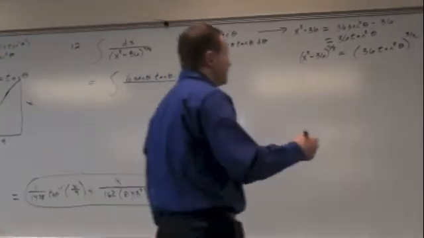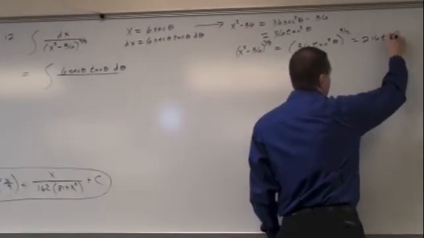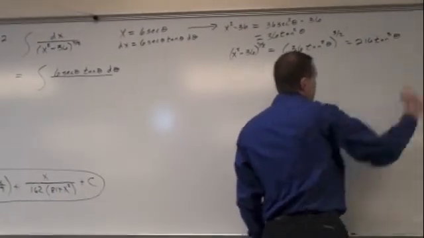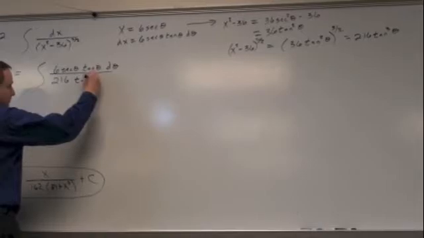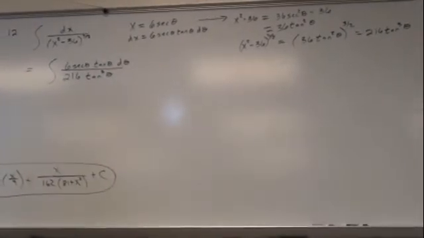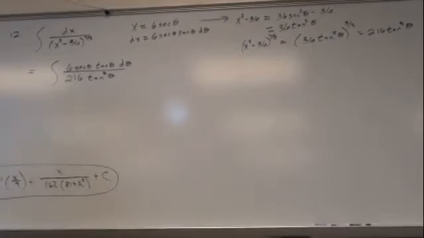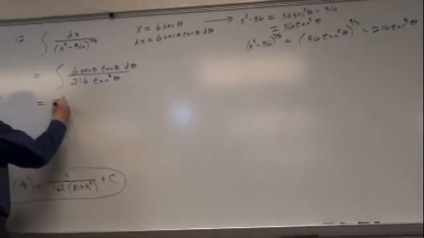So I'd say this is going to equal 216 tangent cubed. So now I put that over here. And I know that the 6 over 216 reduces to 1 over 36. I'll pull that to the outside.